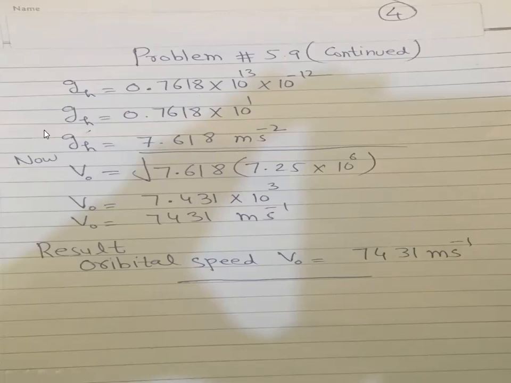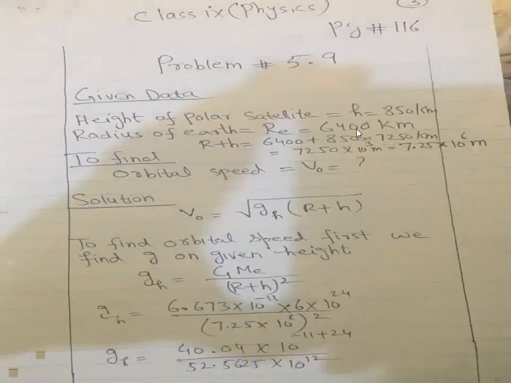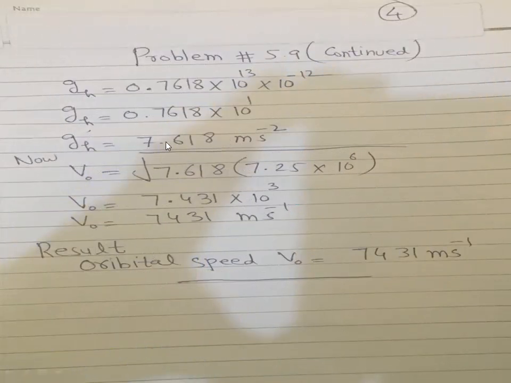Just put this GH value in the above equation, V naught is equal to the square root of GH times R plus H. I am putting the GH value into this equation, and R plus H is 7.25 into 10 power 6. The GH value is 7.618, and the R plus H value is 7.25 into 10 power 6.